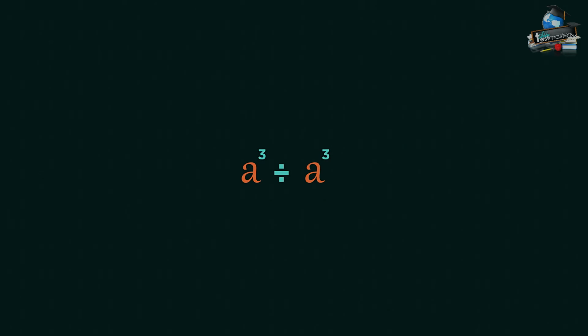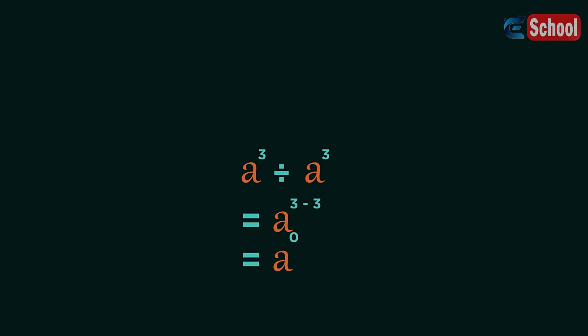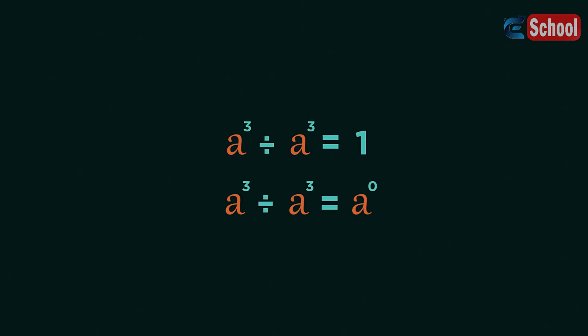And then using our indices knowledge, when we divide we subtract the powers, so 3 minus 3 is 0, and that's our second equation. We've done the same calculation in 2 different ways. Therefore, the two answers must equal one another. So combining these two things, anything to the power of 0 equals 1. So where do you want to go next?